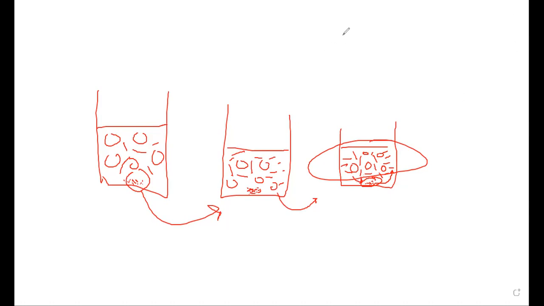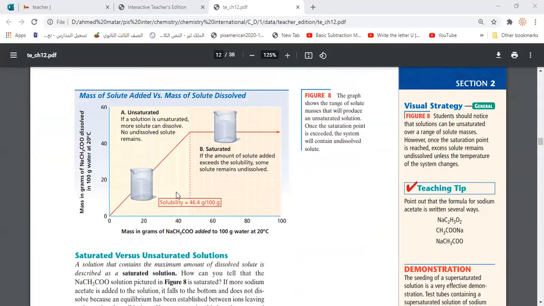So let's look at this diagram, this graph here, guys. This graph represents the amount of substance that could dissolve. Here we have sodium acetate, which dissolves in water. We could observe that as we keep adding sodium acetate, it's able to dissolve.